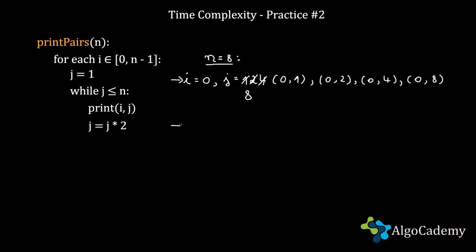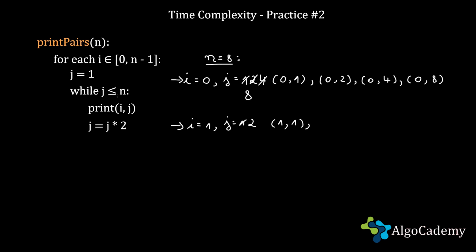Now, what's the next step? Of course, we increase i. So we have to see what happens when i equals 1. Well, i equals 1, j equals 1. We enter the while loop, and the first thing we do is print the pair. So the first pair that we are going to print for i equals 1 is 1, 1. Then j gets doubled, so j is equal to 2.